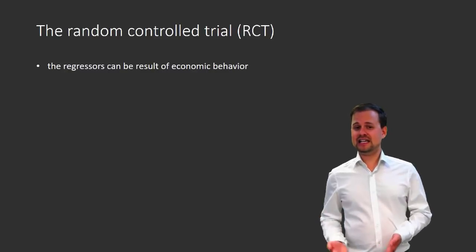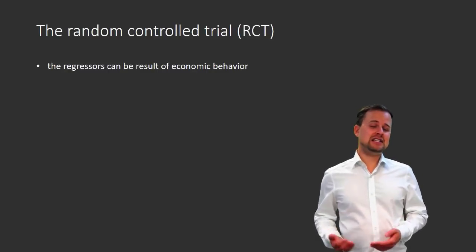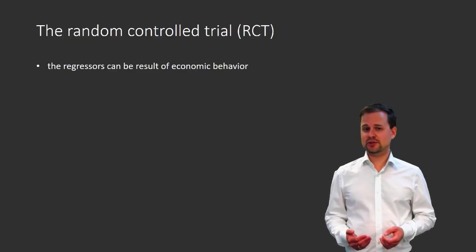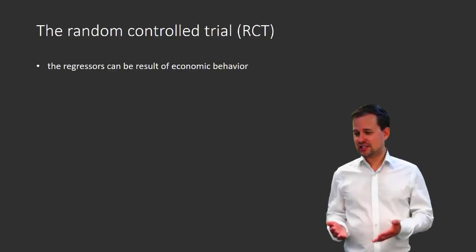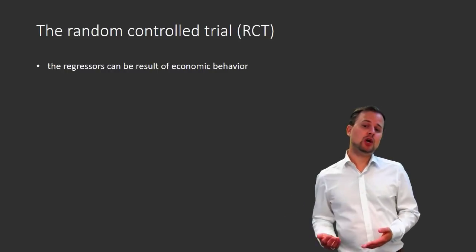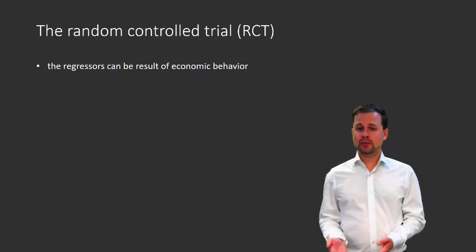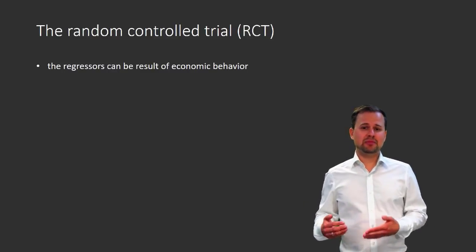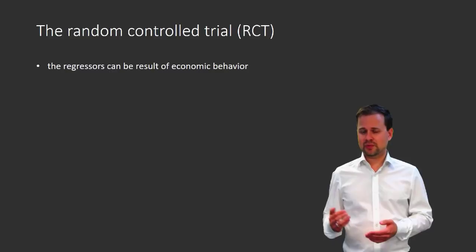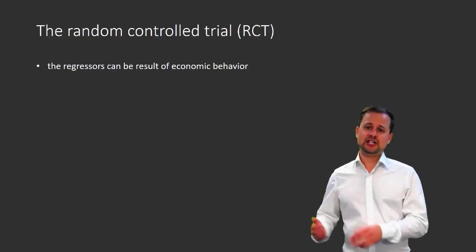The RCT is a research design that makes it relatively easy to justify the exogeneity assumption. So let's assume that instead of studying the economic agents in their natural habitat, we could study them in a somewhat artificial environment where we, as researchers, can manipulate regressors, or that we can assign regressor values to the agents that we are studying.